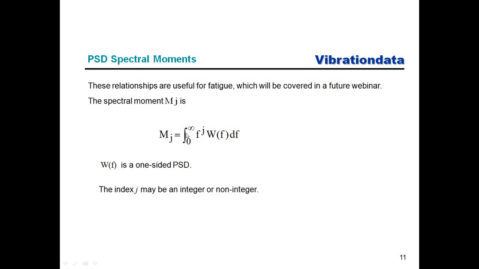We're going to carry out that integration, and that's going to give us a spectral moment. We could have a 0th order spectral moment if j was equal to 0, or a first order spectral moment if j is equal to 1, and so on. And again, j could be a non-integer.